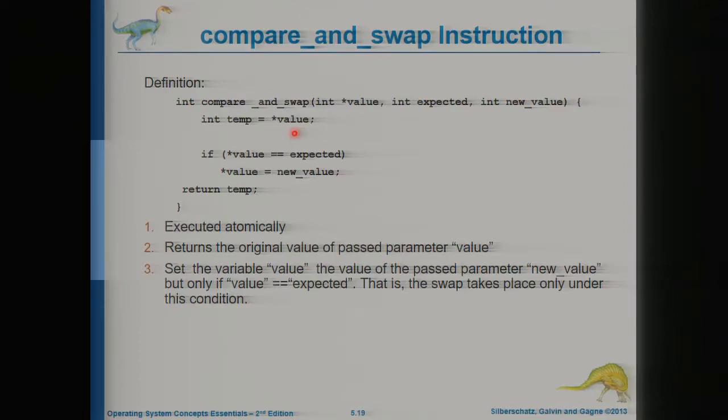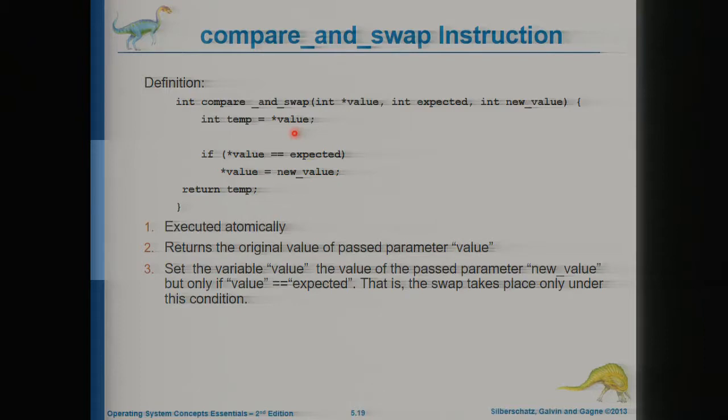Value is 0, expected is 0, both are 0. If both are 0, then we say star value is equal to new value. What is the new value? The new value is 1.